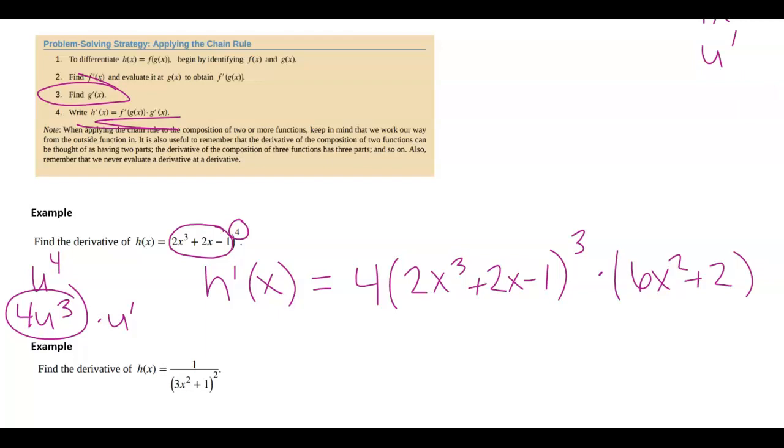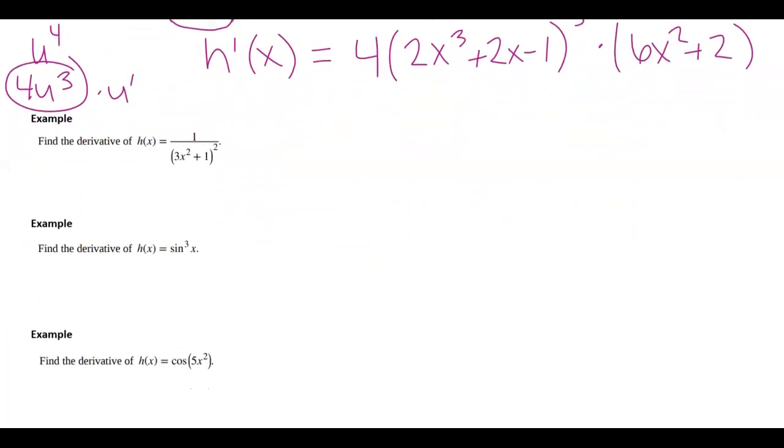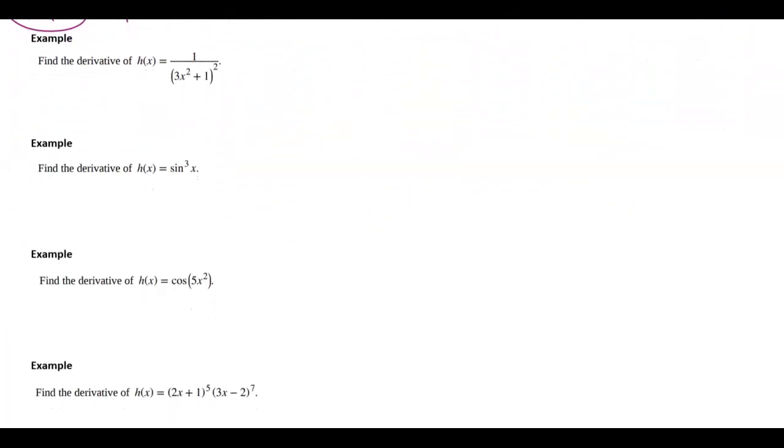All right, let's go ahead and look at another example. I'm going to choose to rewrite h of x first as 3x squared plus 1 to the negative 2. Okay, if I have something to the negative 2 power, then its derivative is negative 2u to the negative 3.